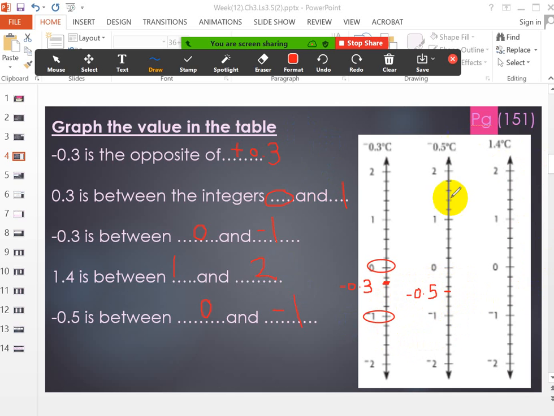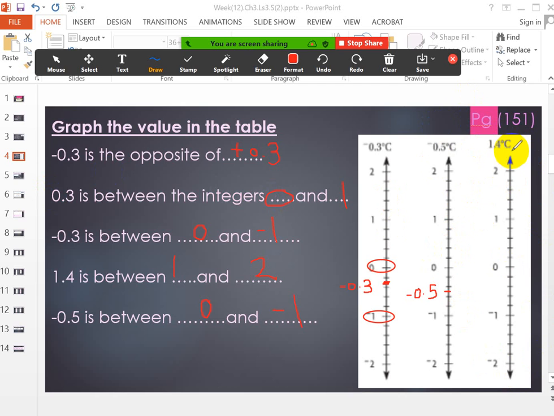Now what about 1.4? I want to locate this number on the number line. 1.4 without any sign. How, which one, Tolene? You mean negative 0.5? Okay, yes, write your question, Tolene.